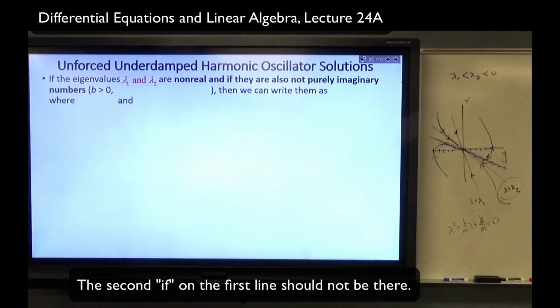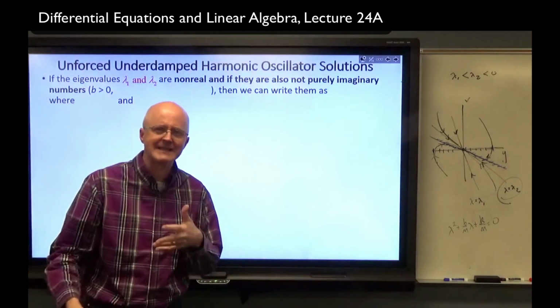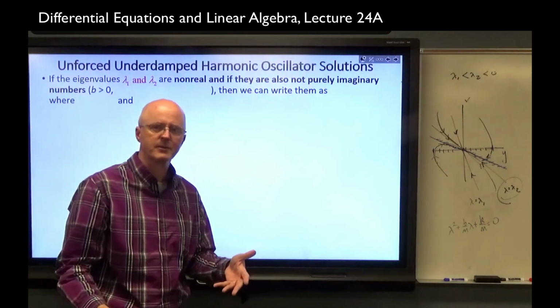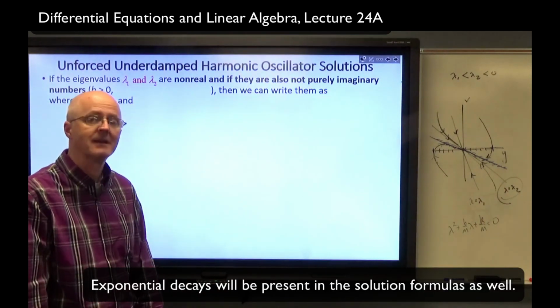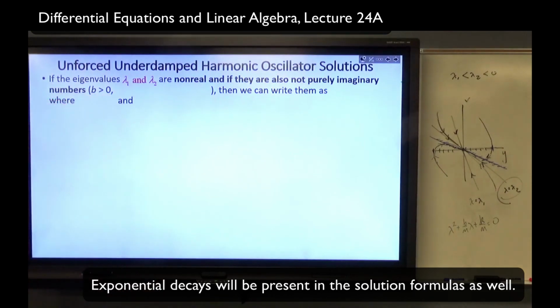And they're going to be complex conjugates of each other. They're also not going to be purely imaginary numbers on the imaginary axis because there is damping. And what this is ultimately going to mean intuitively is cosines and sines will be involved in the formula for solutions, and there will be oscillations. Underdamped is a small amount of damping, not enough to erase the oscillations.